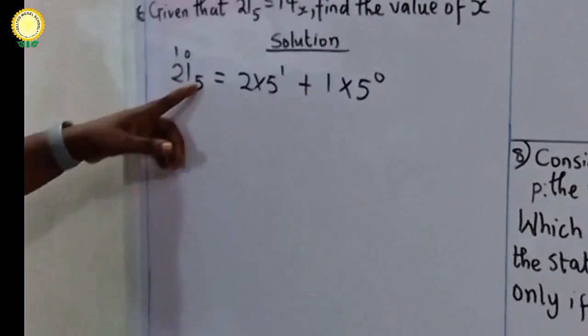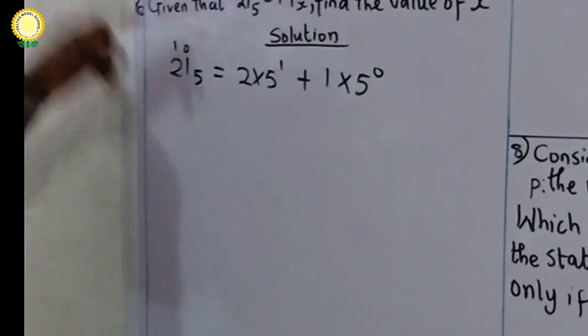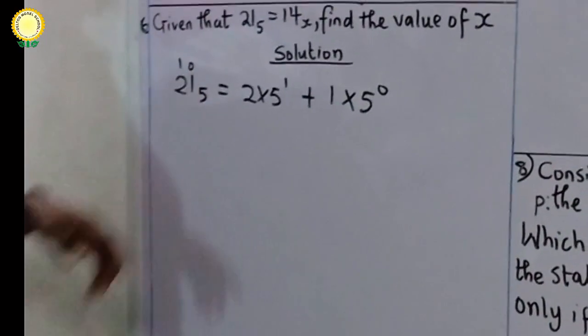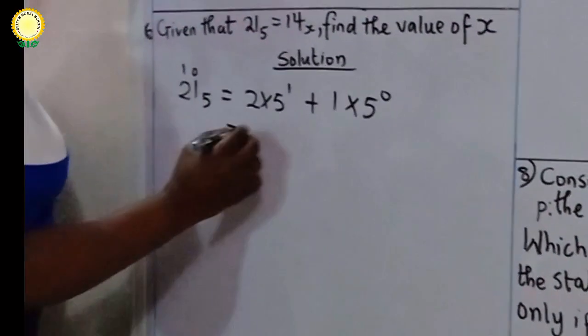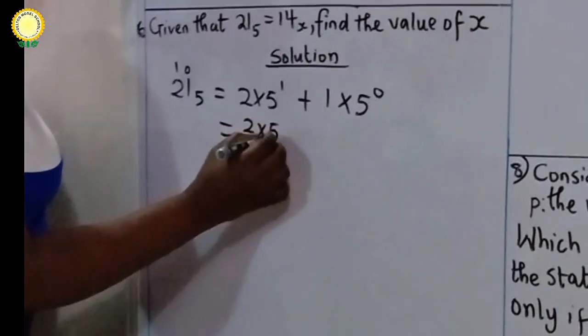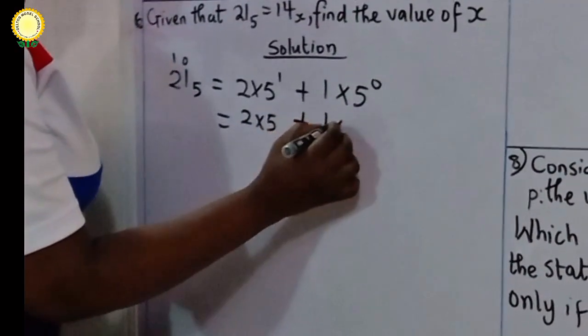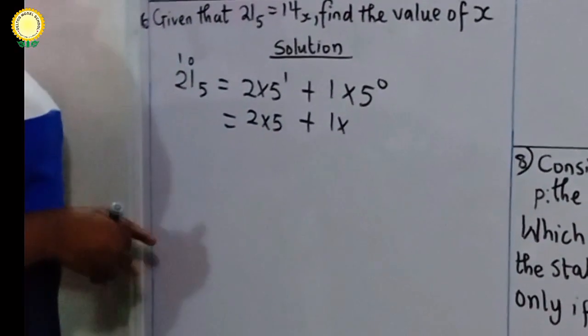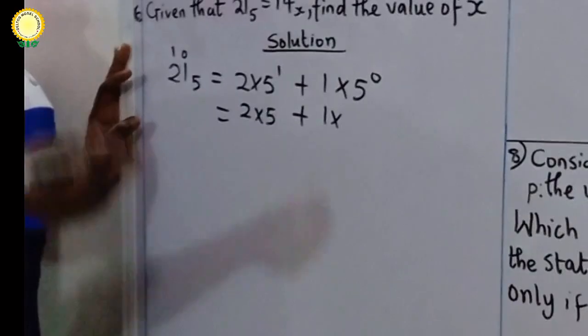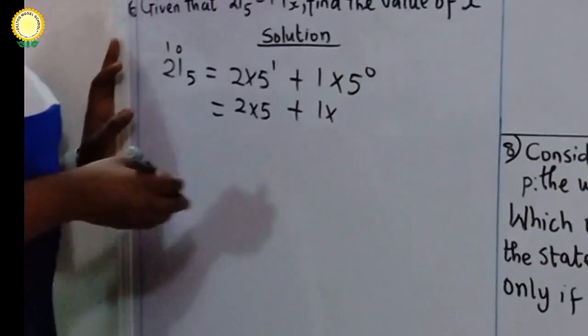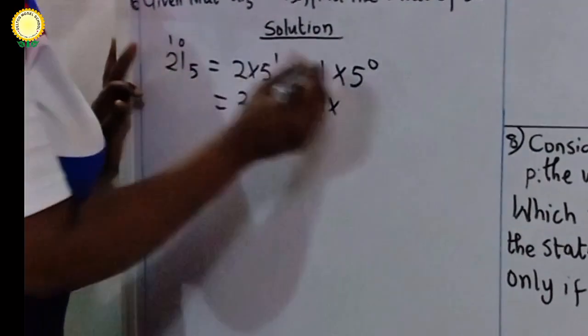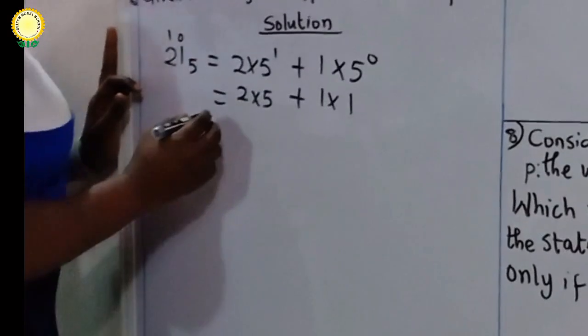So this will give you 2 times 5 plus 1 times, what is 5 raised to power 0? There's a law of indices that says anything raised to power 0 is 1. So 5 raised to power 0 is 1.